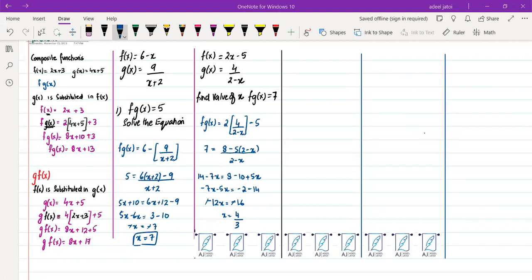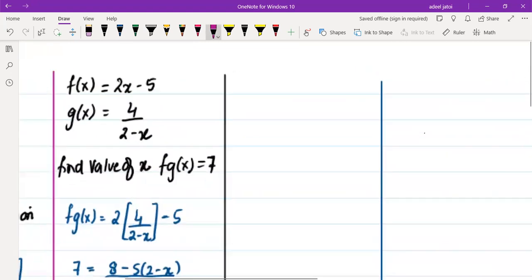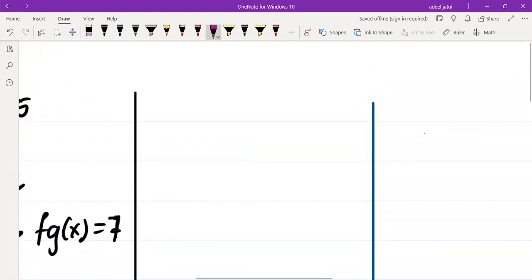Now, in this same topic, you should be well aware about quadratics as well. Quadratics is a completely different topic in your syllabus, but what you need to understand is that quadratics is somehow linked to functions.